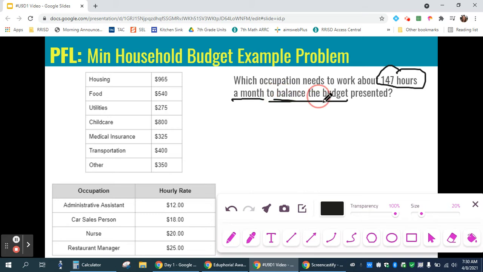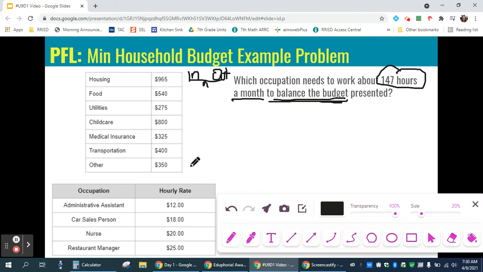When I think of balancing something, I think of a scale, when we want to make sure it's level. So that means that our income has to be the same as our outgoing, what we're spending money on. It's balanced, so we don't have more coming in than going out, and we don't have more going out than coming in.